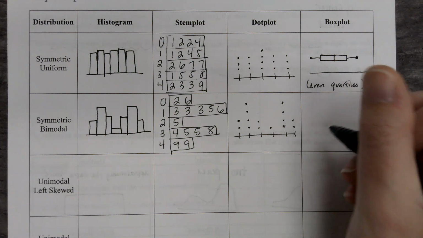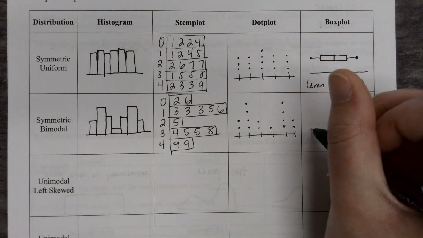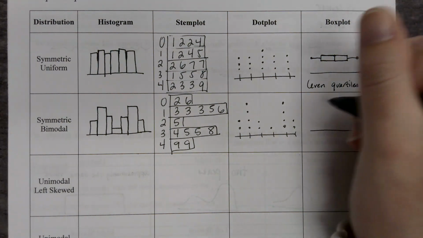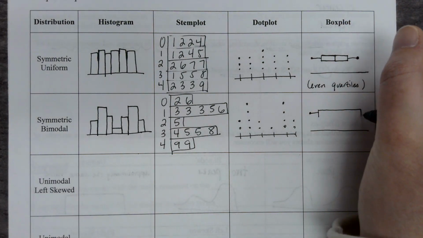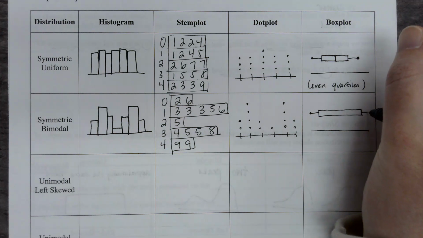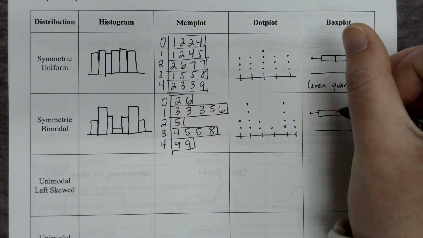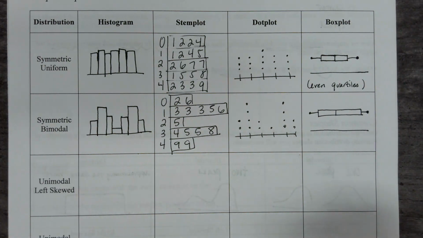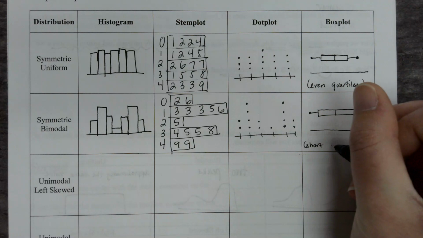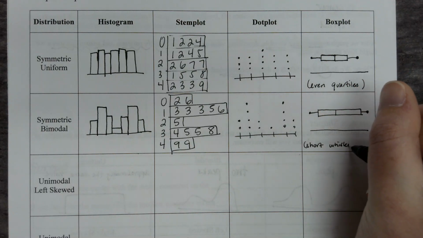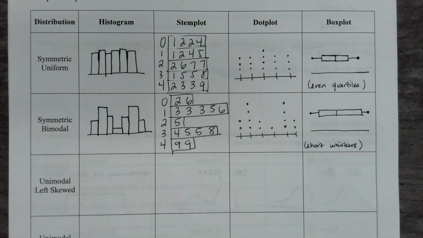Now, when we have our box plot, we're going to have short little whiskers on either side with a long box in the middle. So we're going to have short little whiskers on the side. If you want to put short whiskers, that works too.